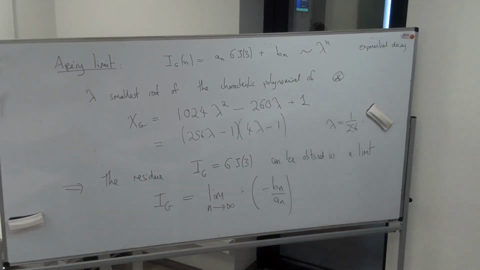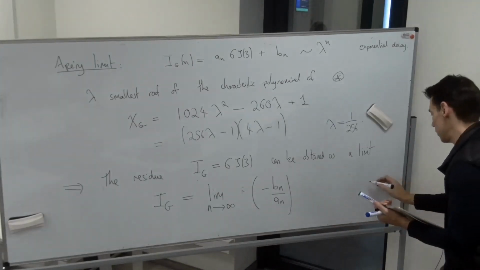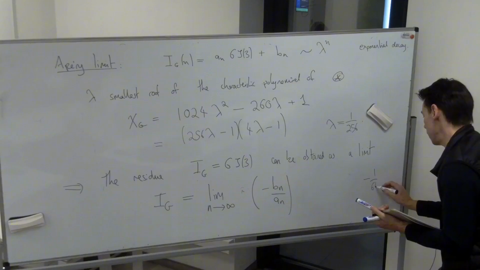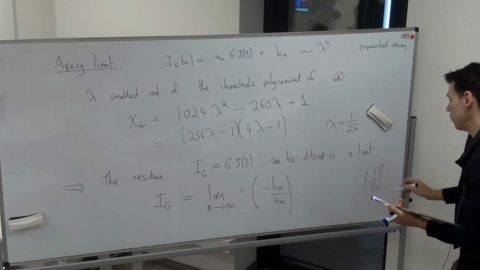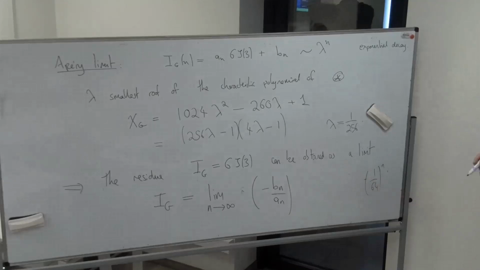I think that's right. Yeah, and so bn over an tends to 0, it converges like 1 over 64 to the n, which is the ratio of these two roots. So again, this tends to 6 zeta 3 incredibly fast.